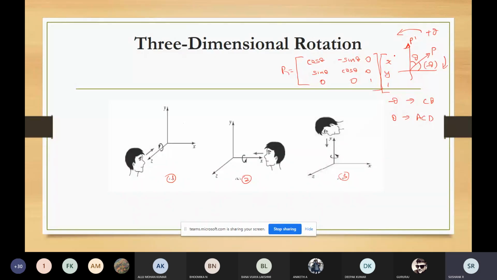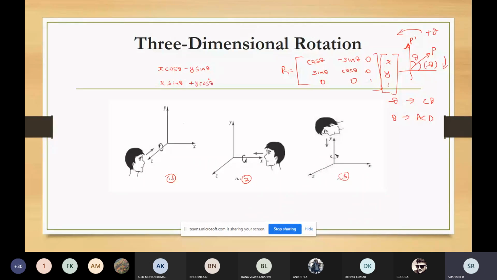It will be cos theta into x minus y sine theta. So if I multiply this, I'll get x cos theta minus y sine theta plus 0. The second one will be x sine theta plus y cos theta.